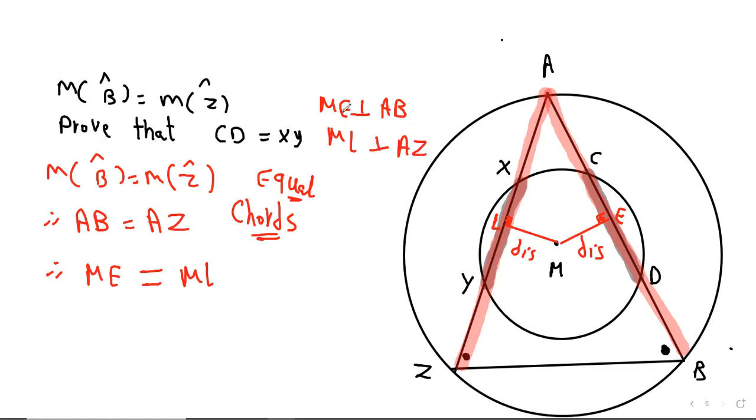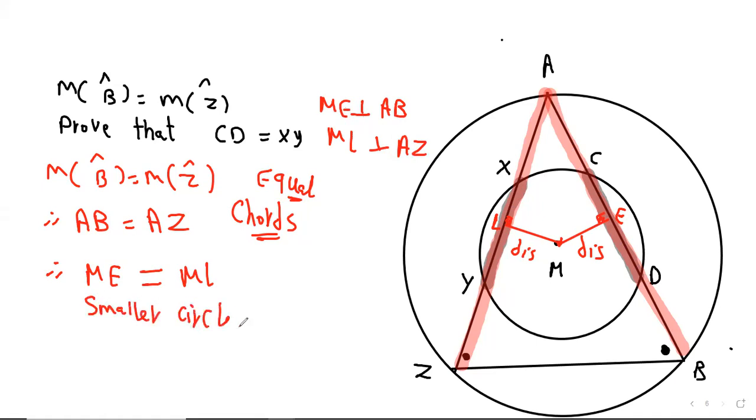So they are two distances from the center to AB and AZ. ME is the distance from the center to the chord AB, and ML is the distance from the center to AZ. And because the two chords are equal, the two distances are equal. So ME equals ML.